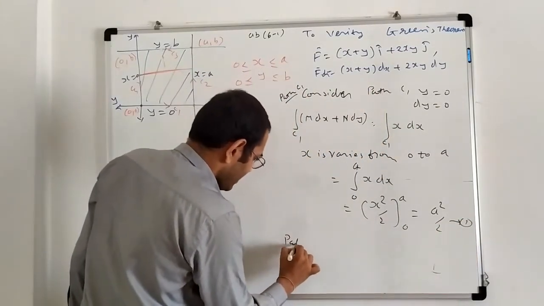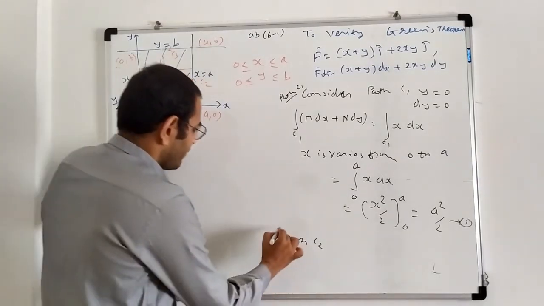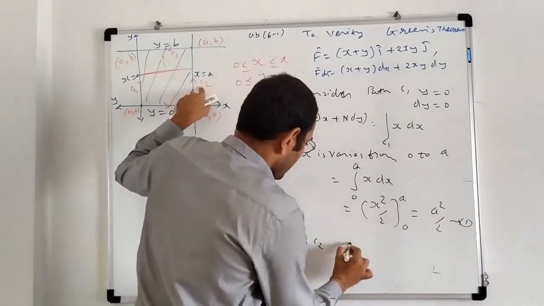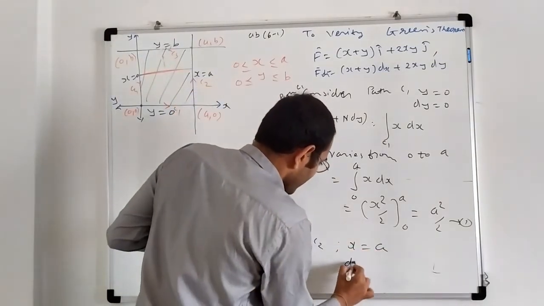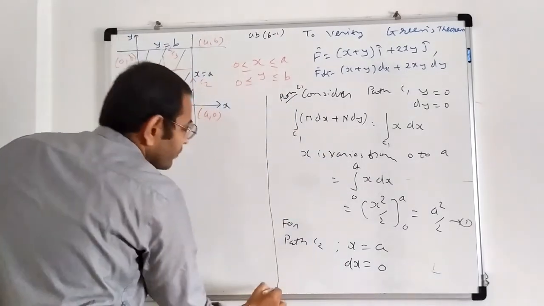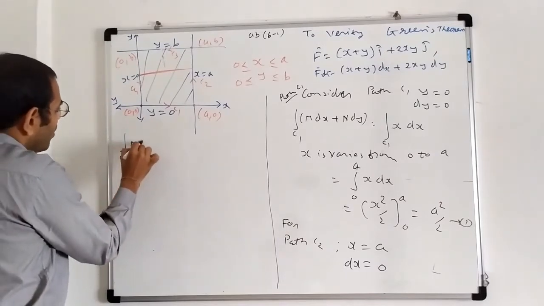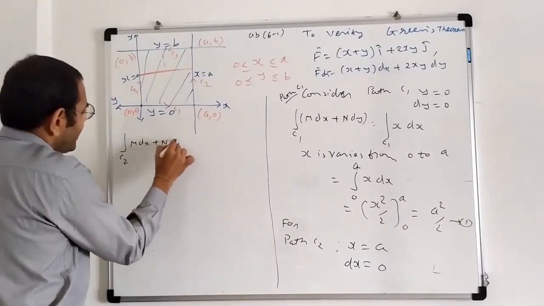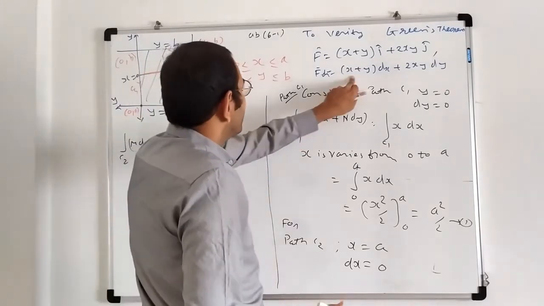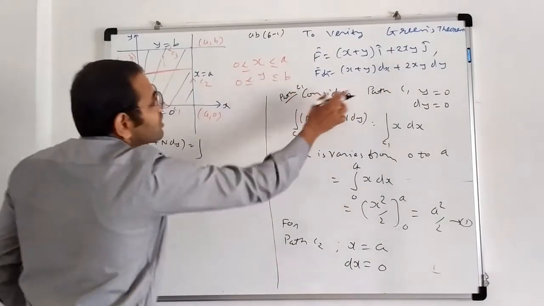Similarly, consider the path C2. For path C2, x equals a, then dx equals 0. Then the integral over C2 of M dx plus N dy: substitute this value in the equation, dx equals 0, then 0 into anything is 0.